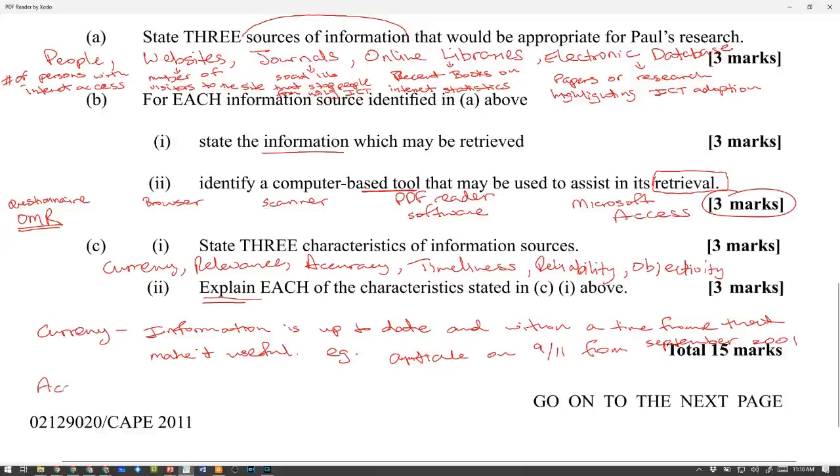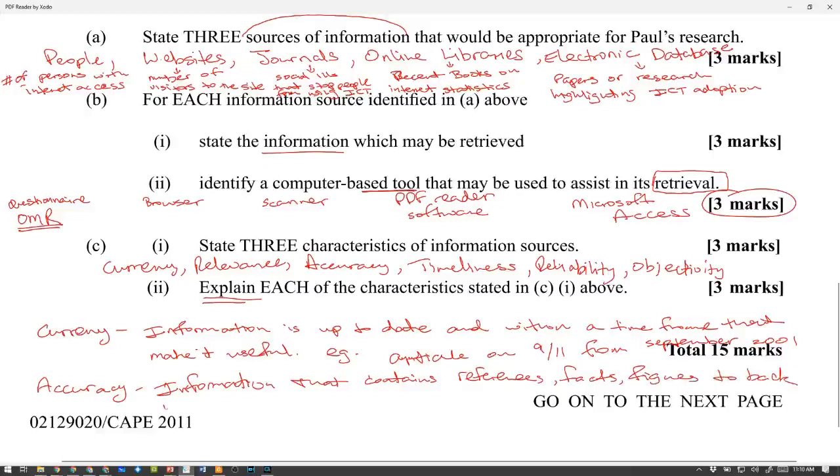Accuracy, let's do accuracy. Accuracy: information that contains references or facts and figures to back up the points.